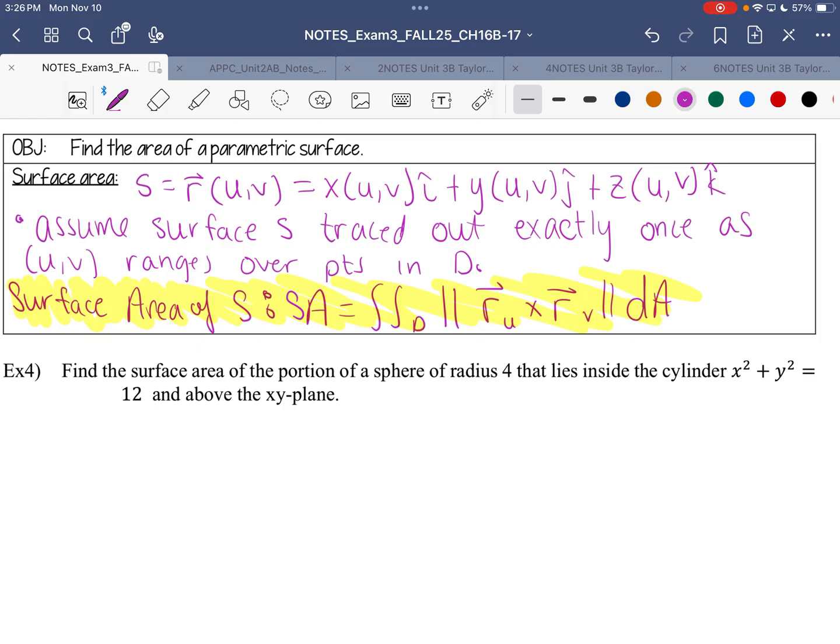That's the surface area formula. Find the surface area of a sphere with a radius of 4 that lies inside a cylinder with a radius of the square root of 2 and above the xy plane.